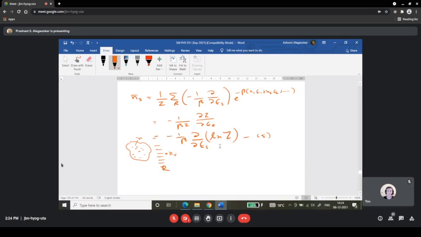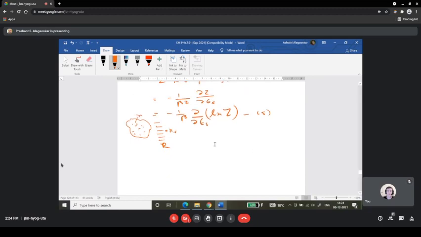Okay, so we have this partition function written. Now how will you calculate the dispersion?